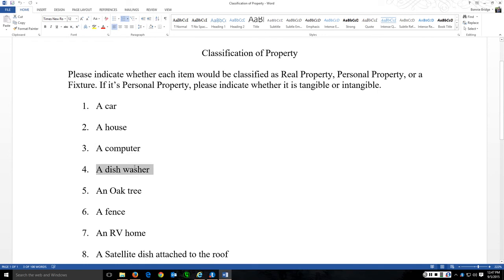Next, a dishwasher. Well, a dishwasher would normally be personal property because you can move it. It's not land. It's not attached to the land, and you can move it, and it would be tangible because you can touch it. However, because we attach it to the house, we annex it to the house, it is treated as real property, and it's therefore a fixture.